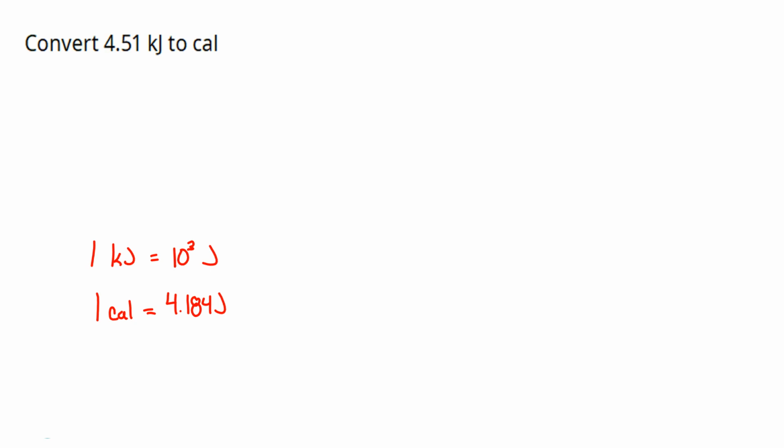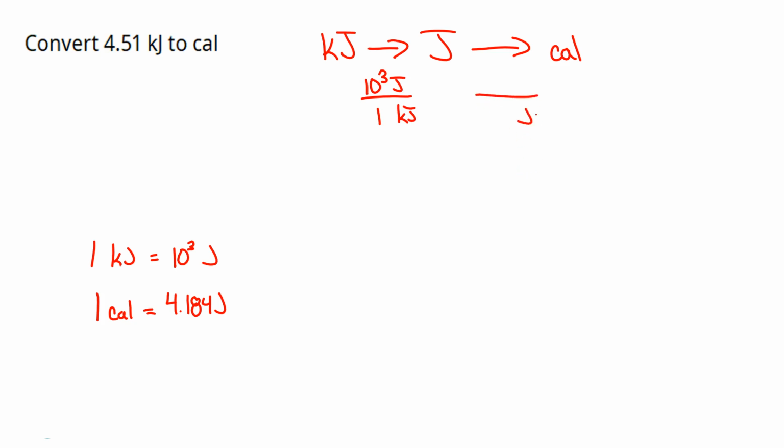Just going by our flow chart, I'm going from kilojoules to joules to calories. My first step, I'm putting kilojoules on the bottom. So 1 kilojoule to 10 to the third joules. And then here, I'm going from joules to calories.